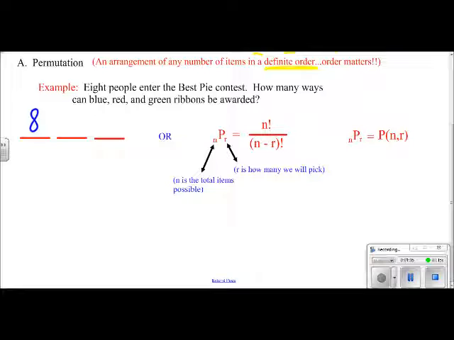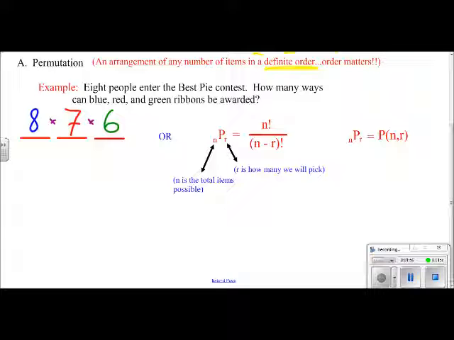Now if we look at our second prize, or the red ribbon, if one person already won the first place prize, now only 7 people can win this one. And if one person took the blue ribbon and one person took the red ribbon, then there are only 6 people left who can get the green one.